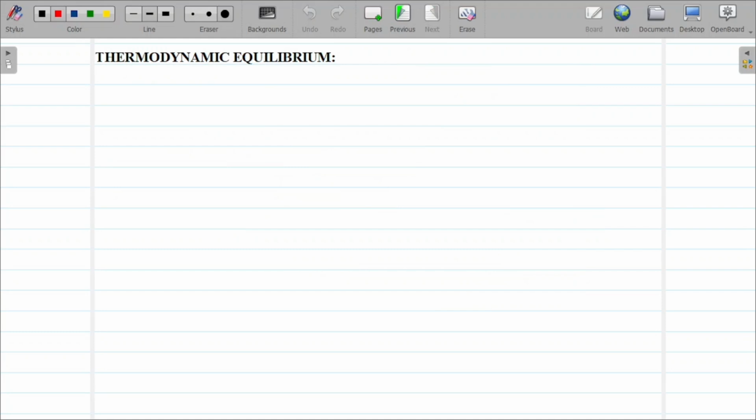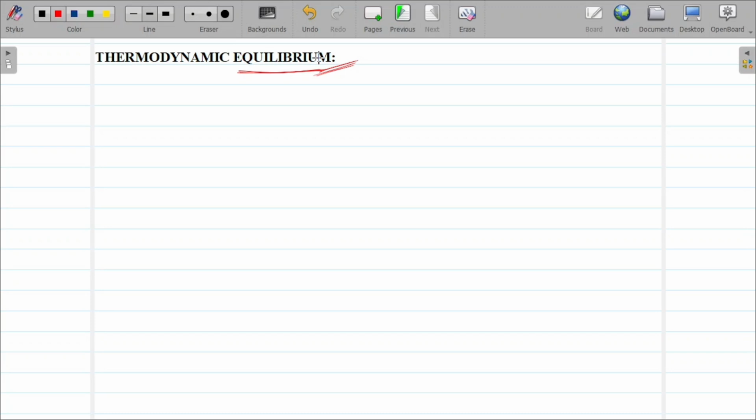And next, thermodynamic equilibrium. You know about equilibrium. What is meant by equilibrium? Equilibrium means it's kind of at rest. If we consider a particle, if forces are acting on it but the object does not move, then that is called balanced. That is called the equilibrium position, right?